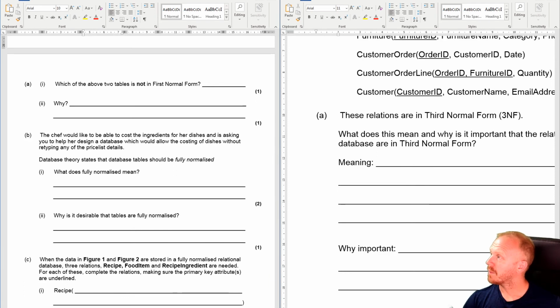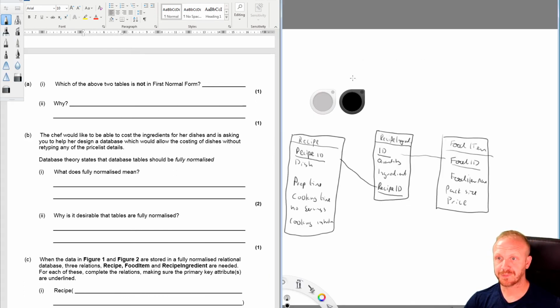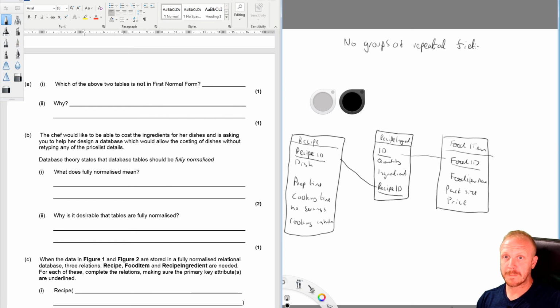I said it earlier, so I'll just go through it again. Let's just bring this back up. For something to be normalized, the 3 stages of normalization must be met. So in first normal form, the tables must have no groups of repeated fields.